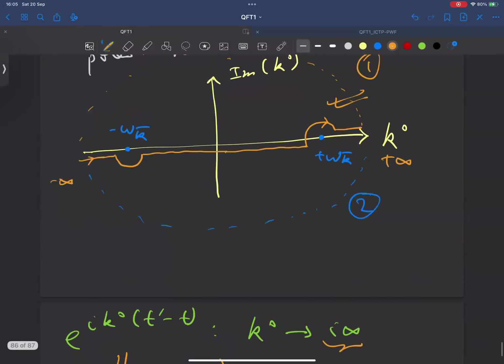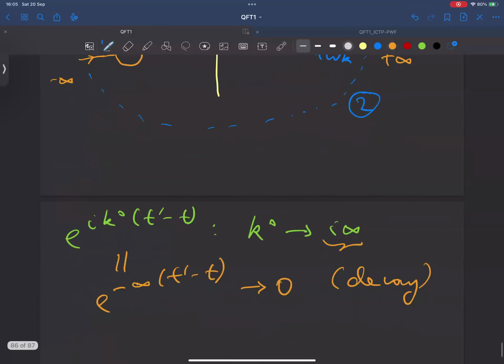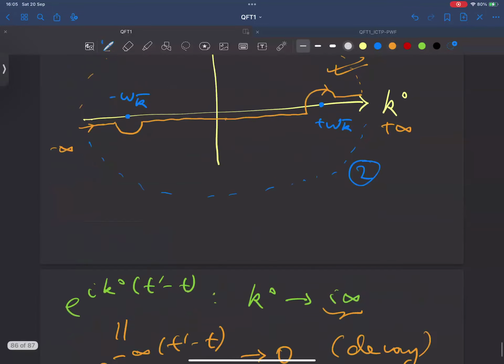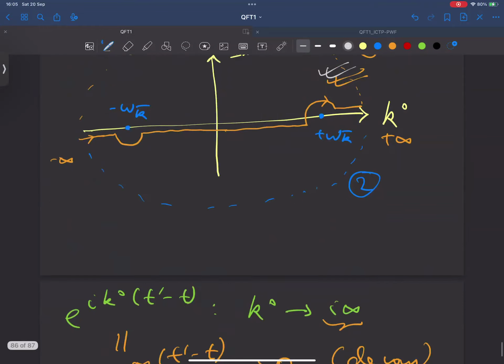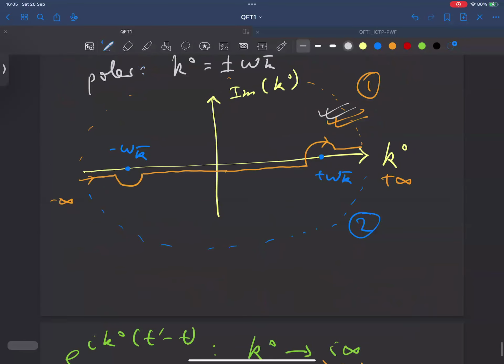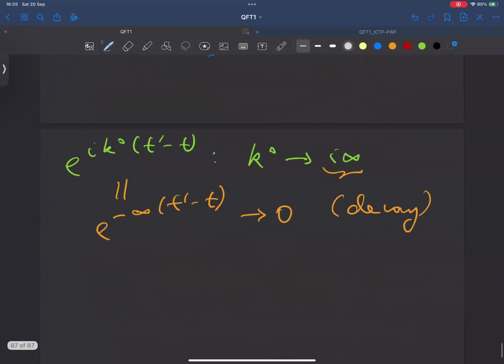That's why when we take the upper part of the contour, let's draw that contour again. This was the contour, and we saw that if we take this part, the poles were here.